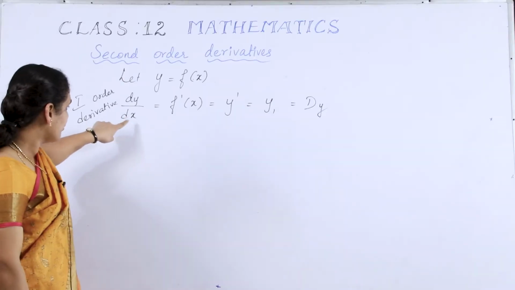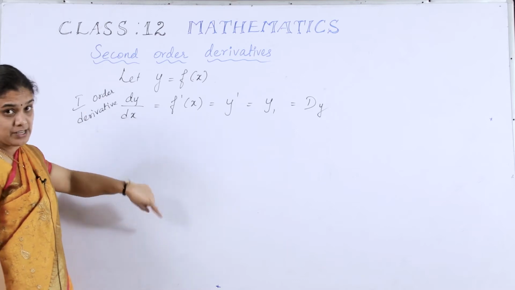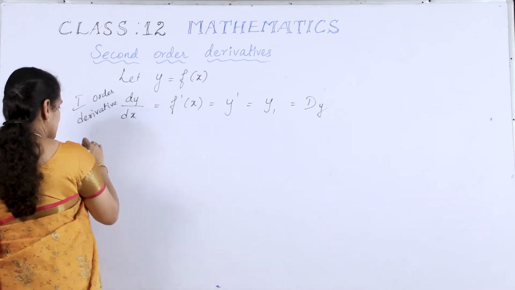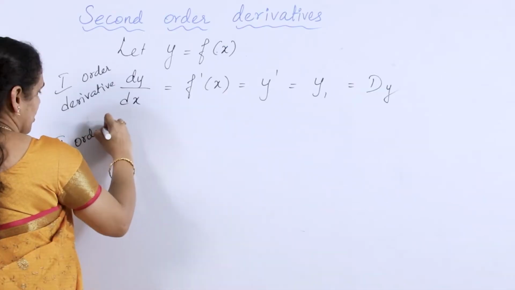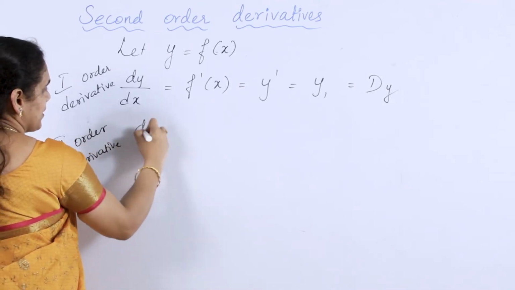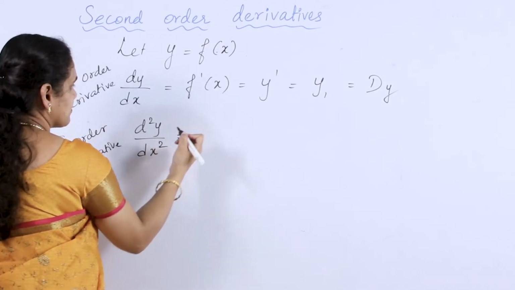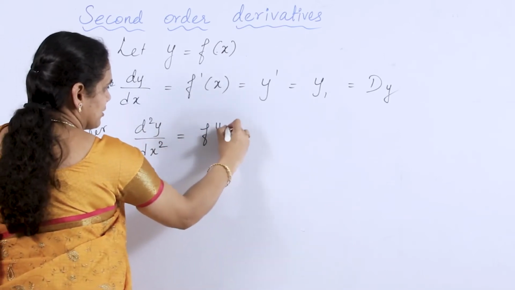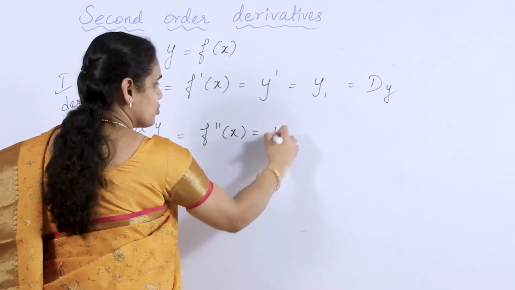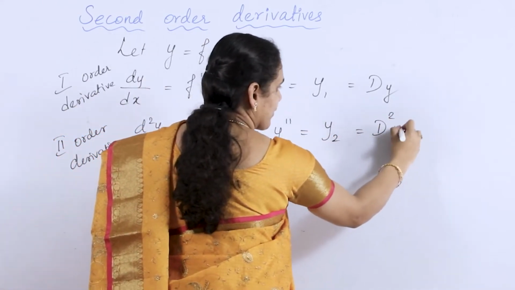Now if we differentiate this dy by dx again with respect to x, a second time, that gives us the second order derivative, d squared y by dx squared, that is f double dash of x, or you can write it as y double dash, or y2, or d square y.